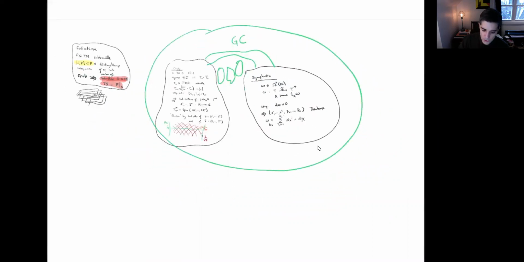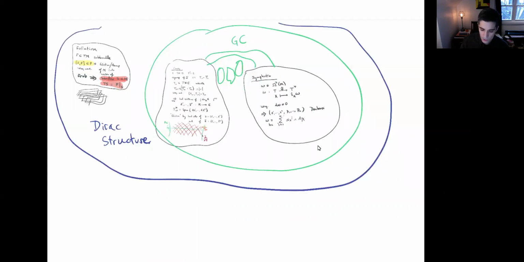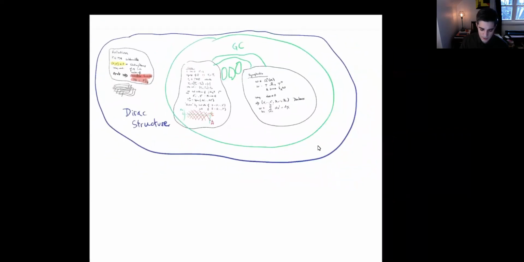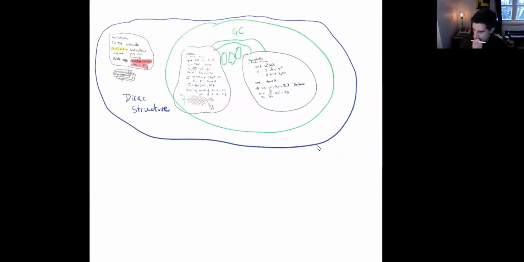There's a structure called a Dirac structure, which is a generalization of foliations, and that encompasses all of these together. And let's see, do I want to say anything else?